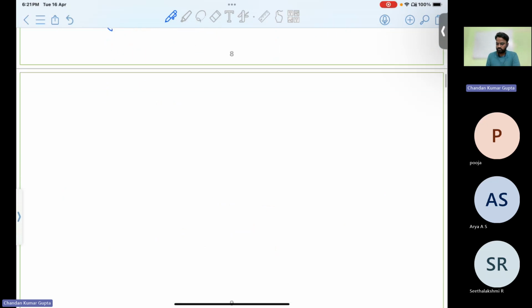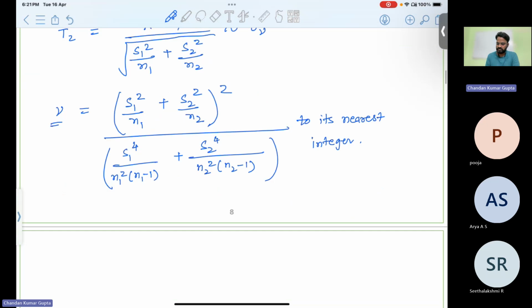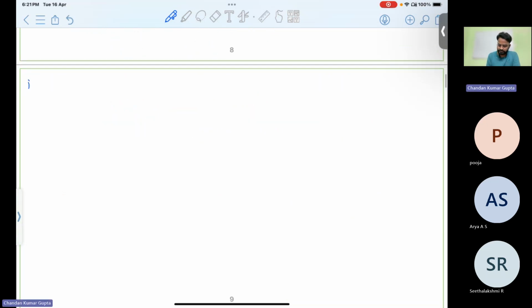Although there are also hypotheses, there are 3 types of hypotheses in this case. The first one is composite versus composite. Our null hypothesis is defined like this: mu1 is less than or equal to mu2, versus mu1 is greater than mu2.